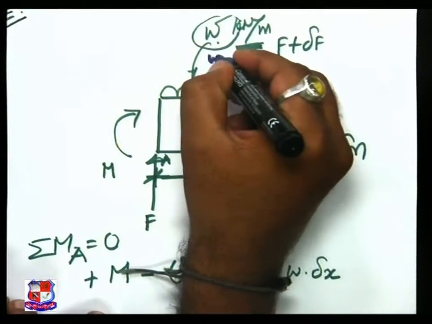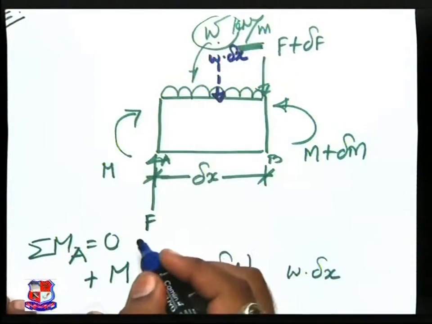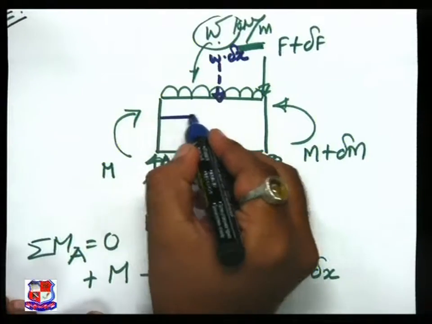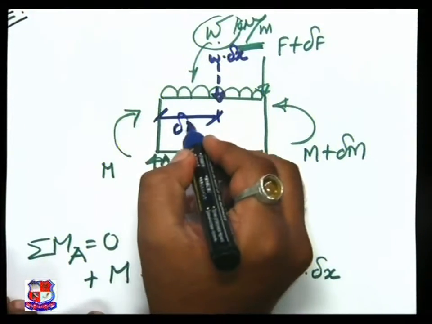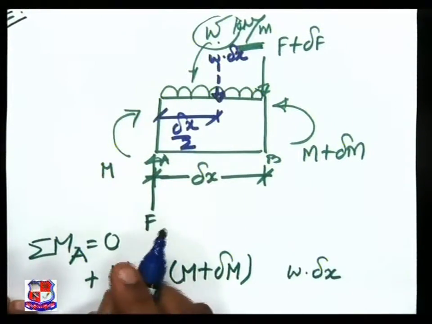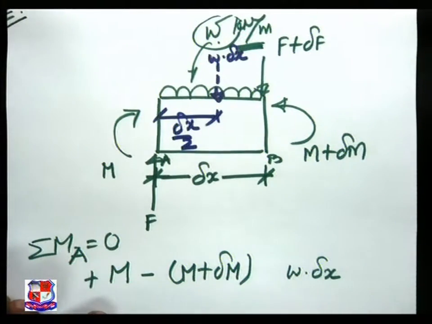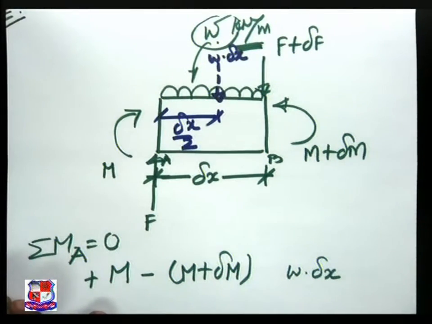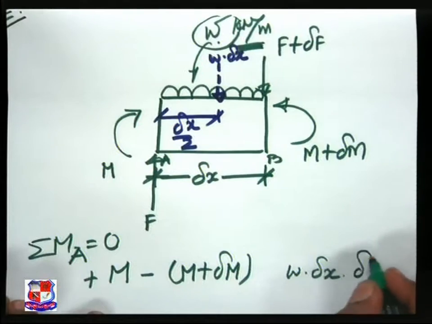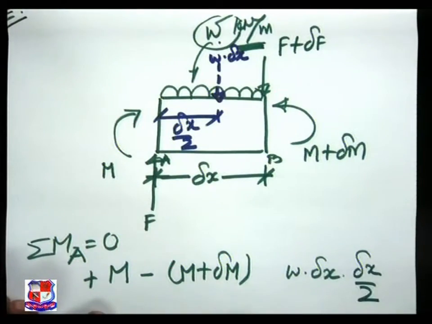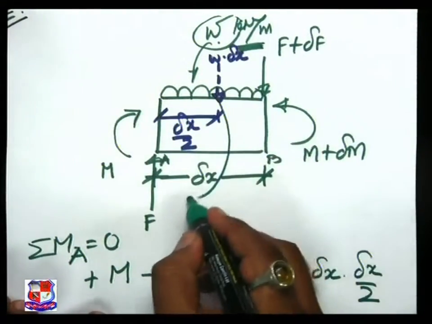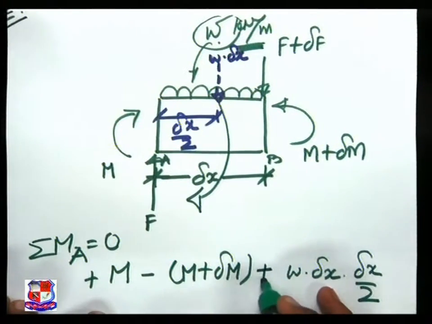This is W into delta x, and this distance is delta x by 2. So using this load, it is delta x by 2, and this creates a clockwise moment, plus sign.